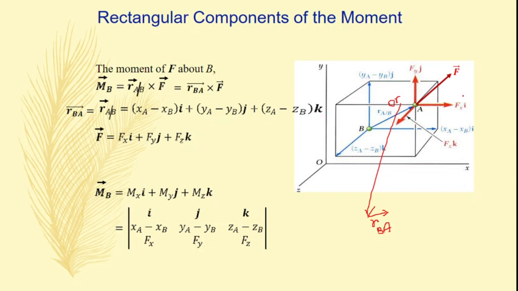And we can write the force vector in terms of Fx i plus Fy j plus Fz k. Then we can write this in determinant form. Actually we discussed this in our earlier slide.